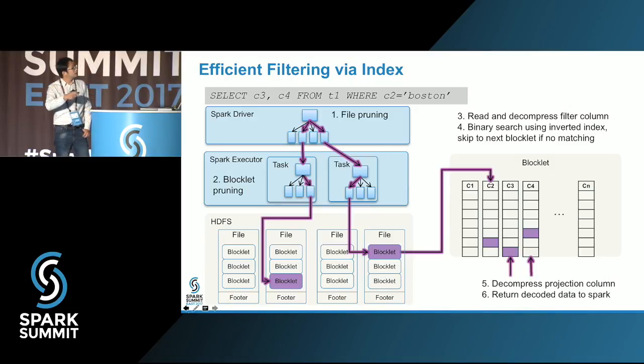Then we apply binary search to search for Boston on this C2 column. If there are matching rows, we decompress the other projection columns. If there is no matching row, we skip to the next blocklet. So this is basically how we leverage the index to reduce the amount of I/O.